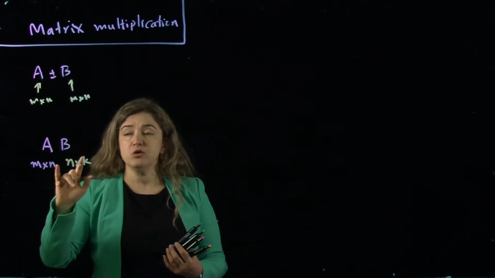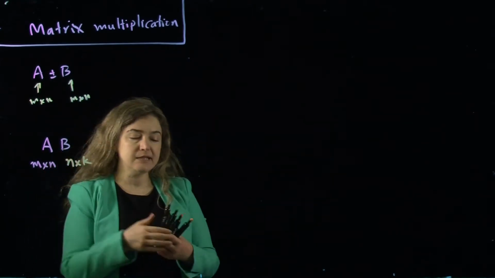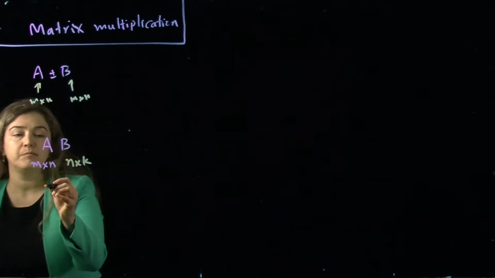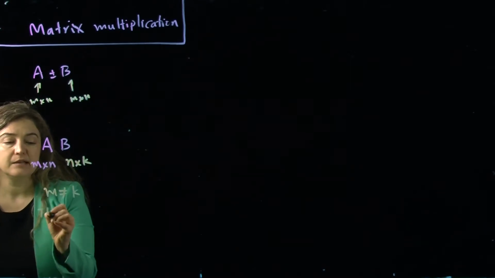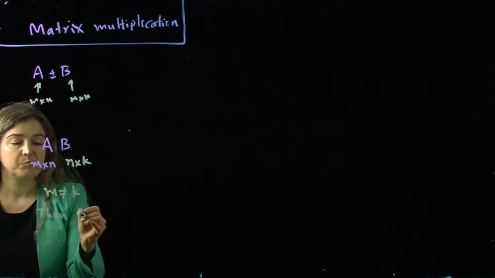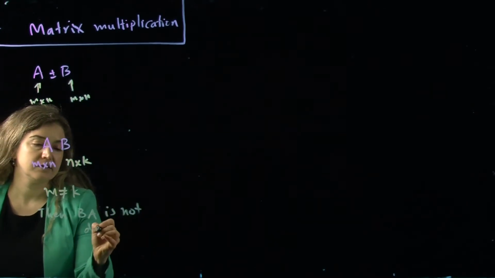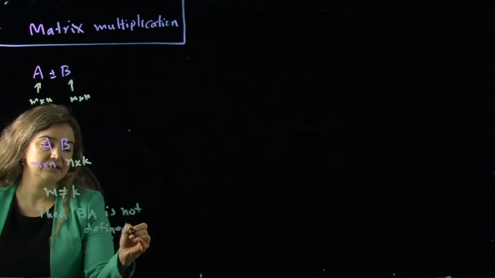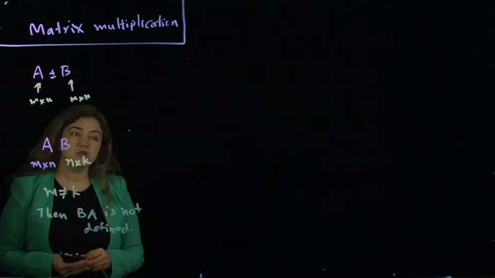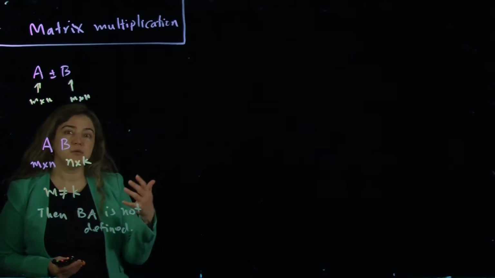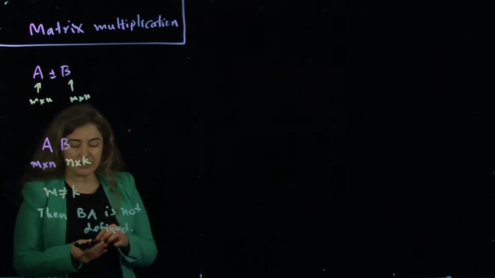The only thing that matters is that if M and K are different, then B times A is not defined. The first thing I want to do is start with a smaller size example.